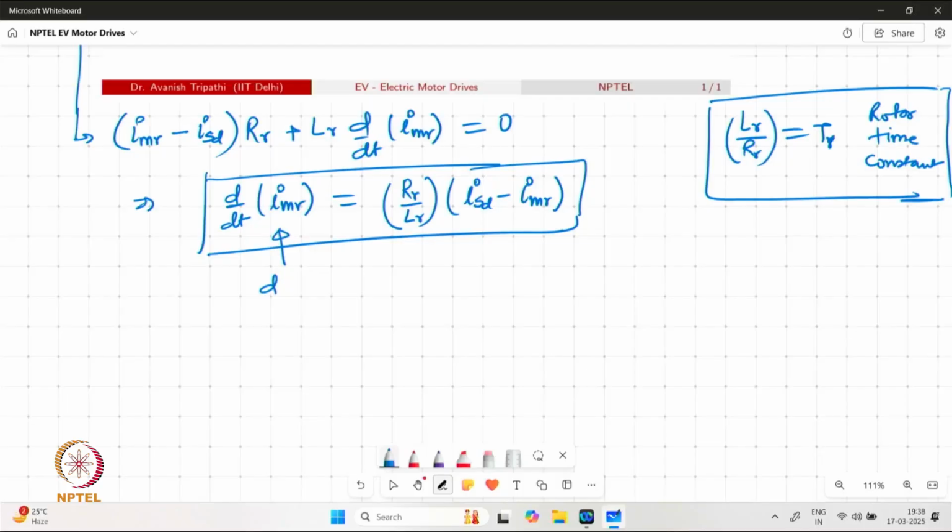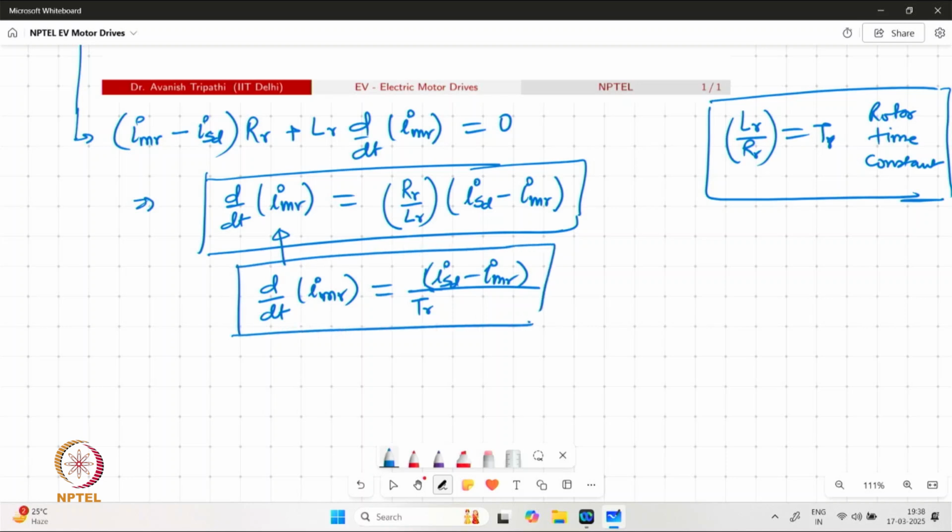So what basically we have is that d by dt of IMR is equal to ISD minus IMR divided by TR. If we rearrange this equation in S domain, essentially we are going to end up with IMR equal to ISD divided by 1 plus s TR.